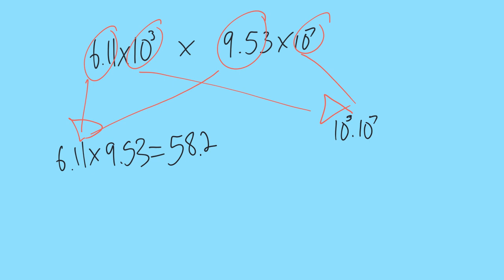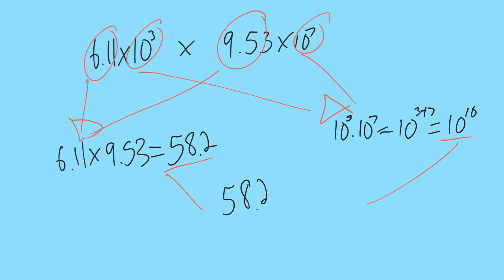So if you think about this one, we are now going to be adding them together. So in the end, we get 10 to the 10. So we can take our answer here and our answer here and bring it together: 58.2 times 10 to the 10. Awesome.